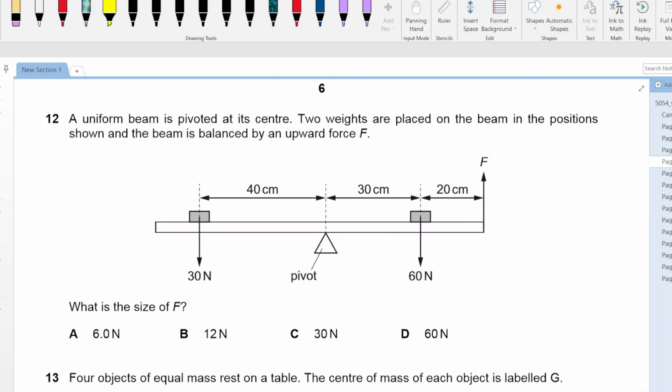A uniform beam is pivoted at its center. Two weights are placed on the beam in the position shown, and the beam is balanced by an upward force F, as shown in the diagram. Therefore, taking the moment, what is the size of the force? They ask to know.